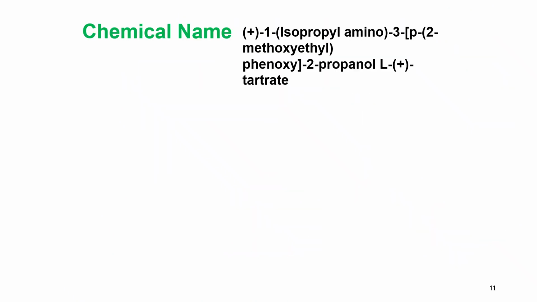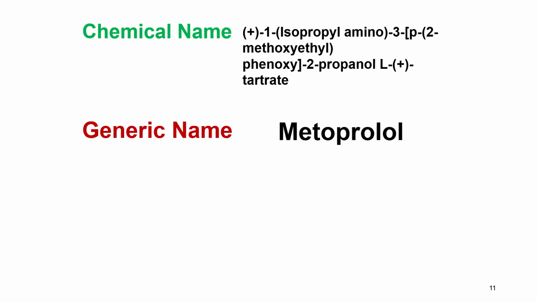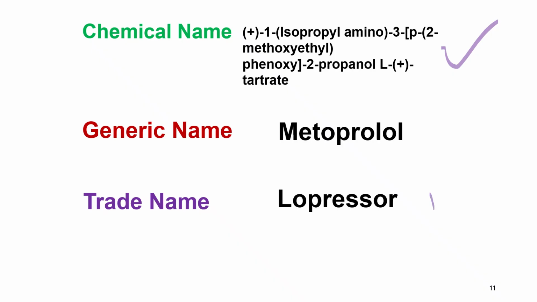Another example of chemical name and generic name: metoprolol is the generic name, whereas a trade name is Lopressor. Sometimes the trade name gives some meaning. We know this is a beta blocker. Lopressor, pressor means pressure. So that means metoprolol is going to reduce the blood pressure.